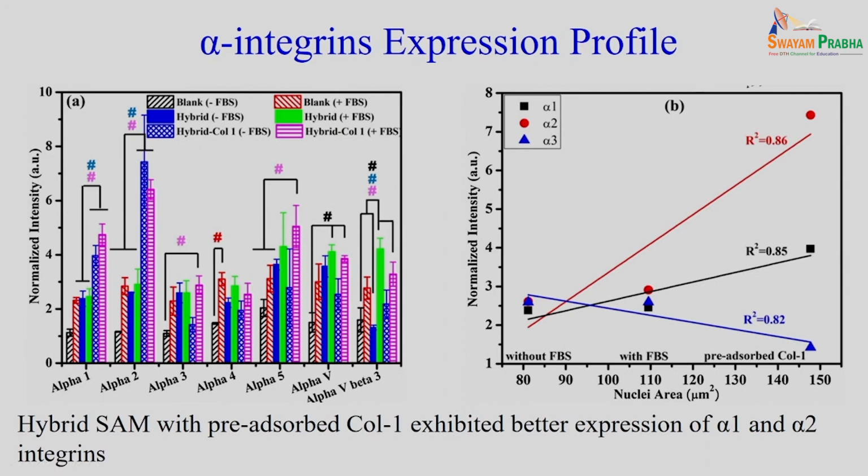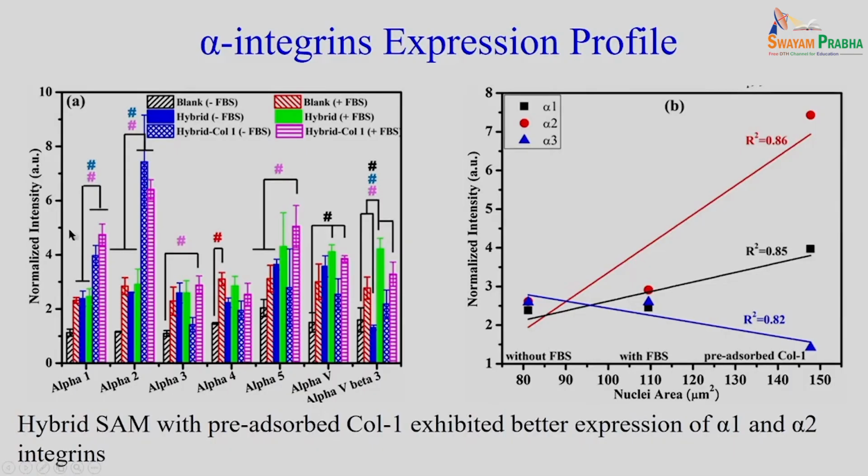So, it says that this pre-adsorbed protein gives much more improved cell-surface interaction through the presence of integrin molecules, which will improve cell signaling and cell-surface interactions. Again, in all three cases, when the media was without FBS and with FBS, there is a slight improvement in the cell adhesion or the integrin expression.